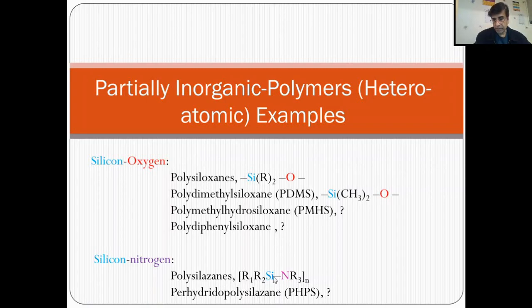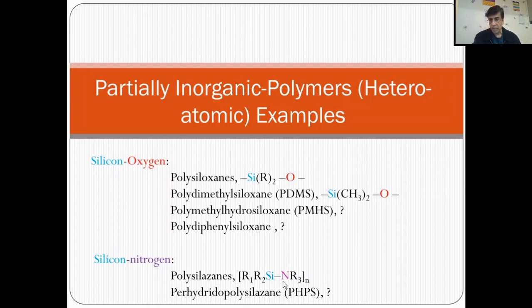The fourth valency of silicon will be connected to the nitrogen, and nitrogen has 3 valencies, right? So the one R will go here, and the second valency will go outside. This is not 3 R's, this is just differentiating these 3 different R's, R1, R2 and R3. It does not mean here you have 1 R, here you have 2 R, and here you have 3 R's.